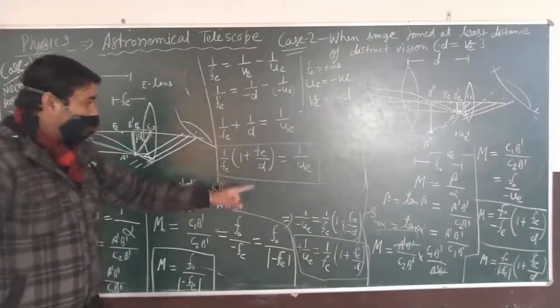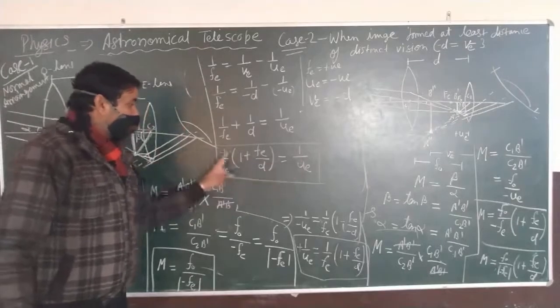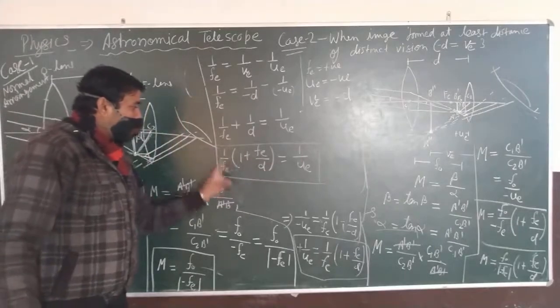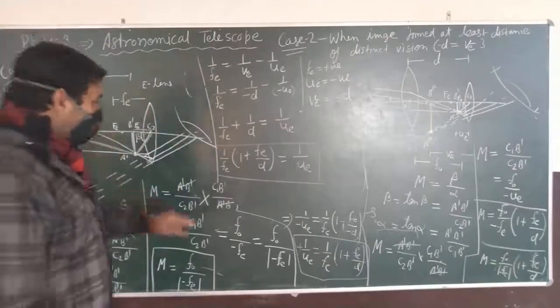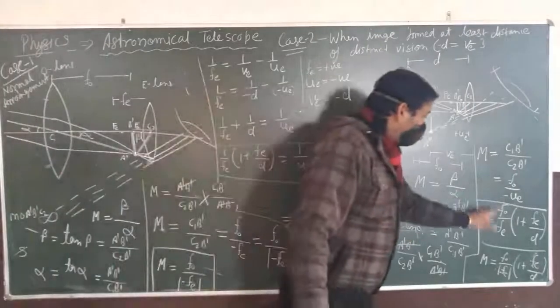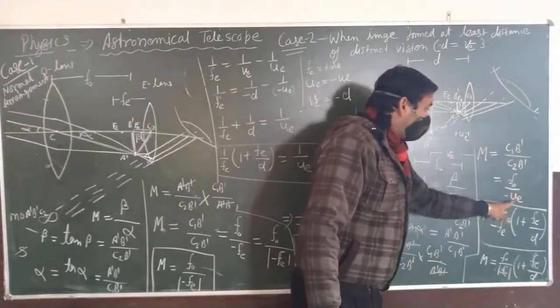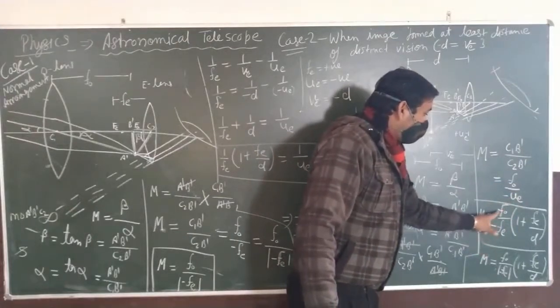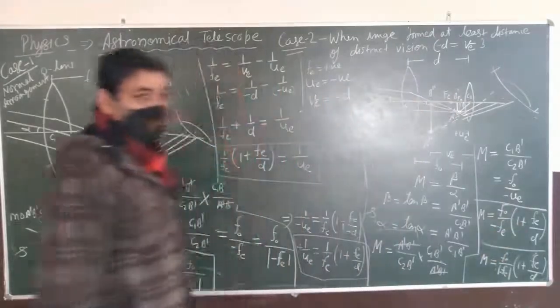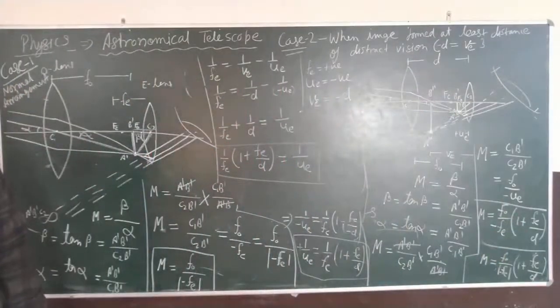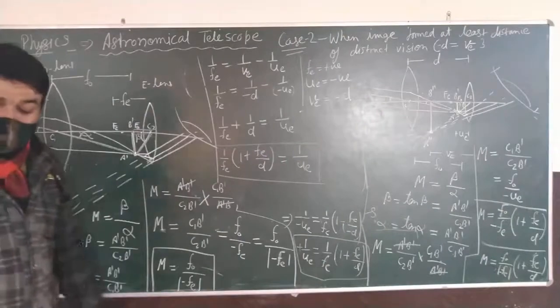So, we get 1 upon UE is equal to 1 upon Fe in bracket 1 plus Fe upon D. Okay, now by using this value in the magnification formula, the result should be F0 upon minus Fe in bracket 1 plus Fe upon D. Clear? This is the situation.